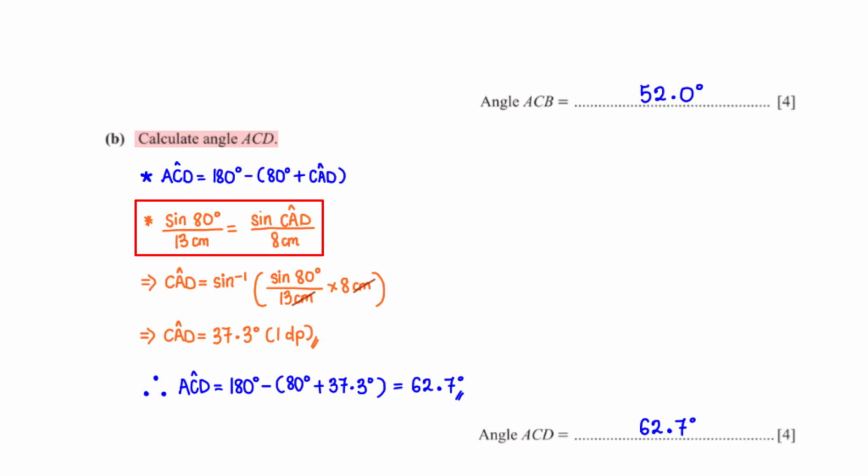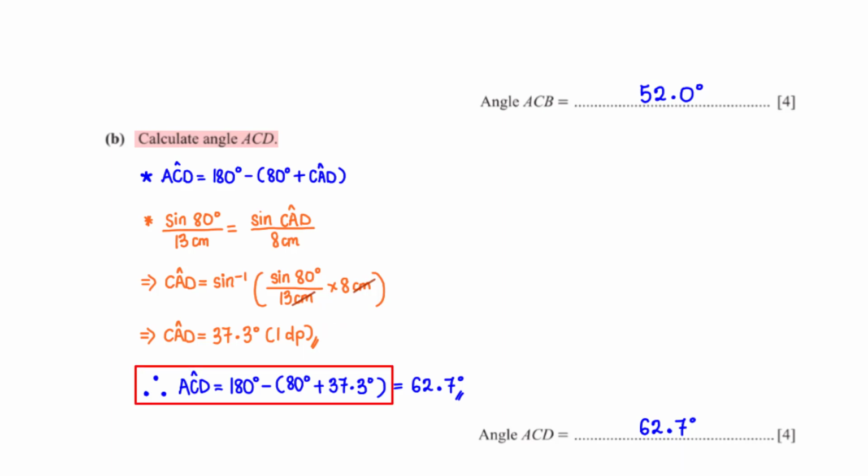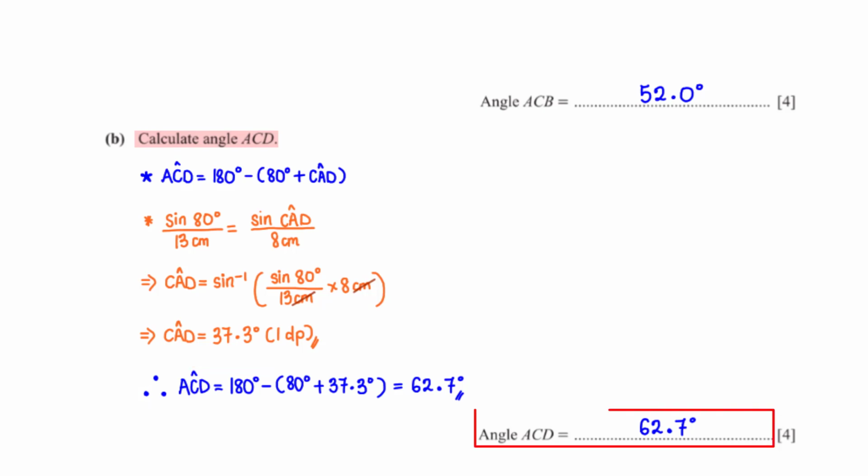When we make angle CAD the subject, this is what we get, which is equal to 37.3 degrees rounded to 1 decimal place. Now that we have angle CAD, then angle ACD would be 180 degrees minus 80 degrees plus 37.3 degrees, which is equal to 62.7 degrees.